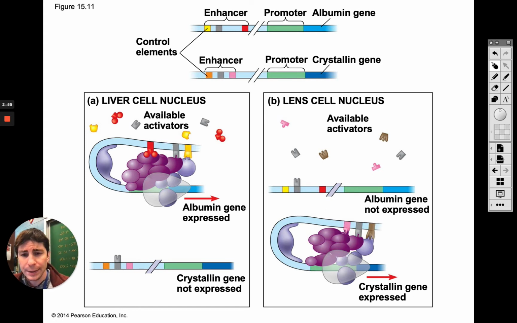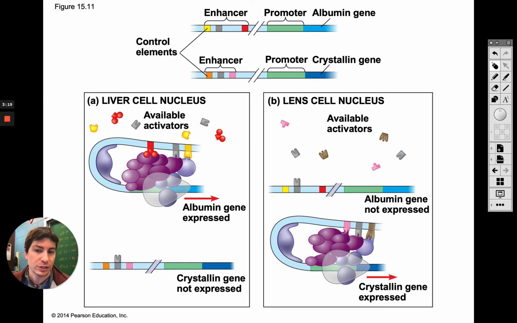Both of these could potentially make RNA for the albumin gene and the crystallin gene. But the activators that are specific to that cell are the ones that are going to play the biggest role in making sure that the liver cell is going to make albumin. The liver cell has no reason to make crystallin, so why make it?